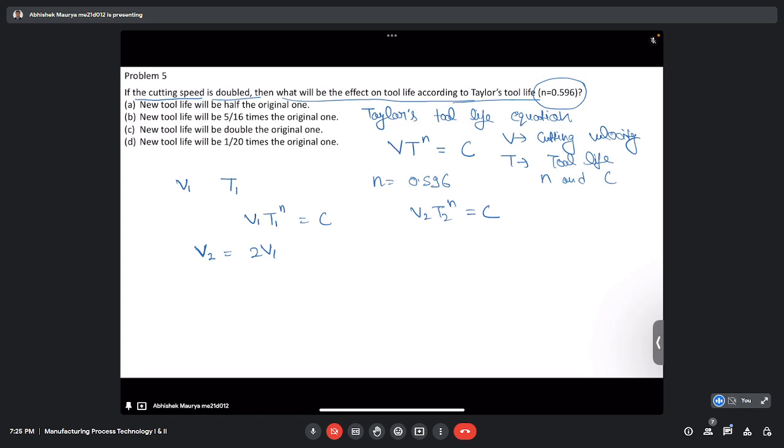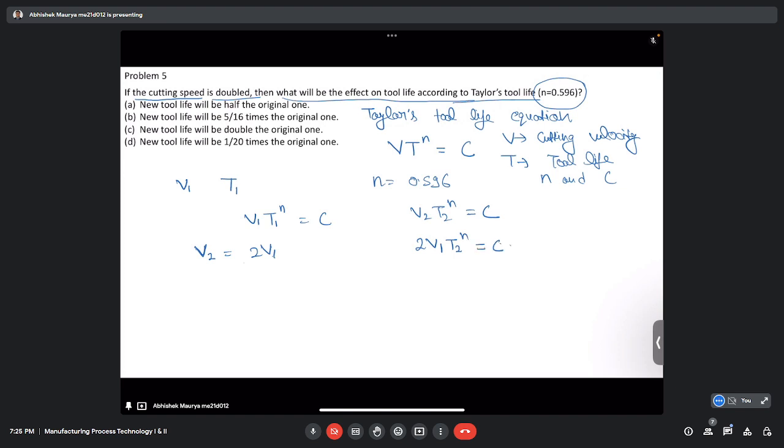Now we know v2 is double of v1, so 2v1 t2 to the power n is equals to constant.